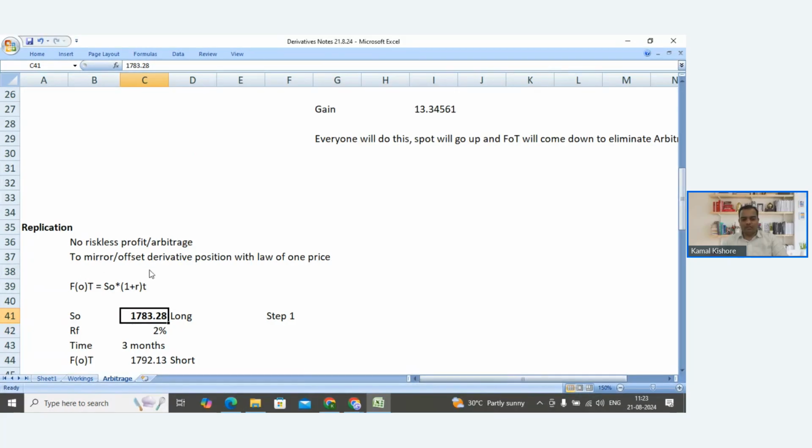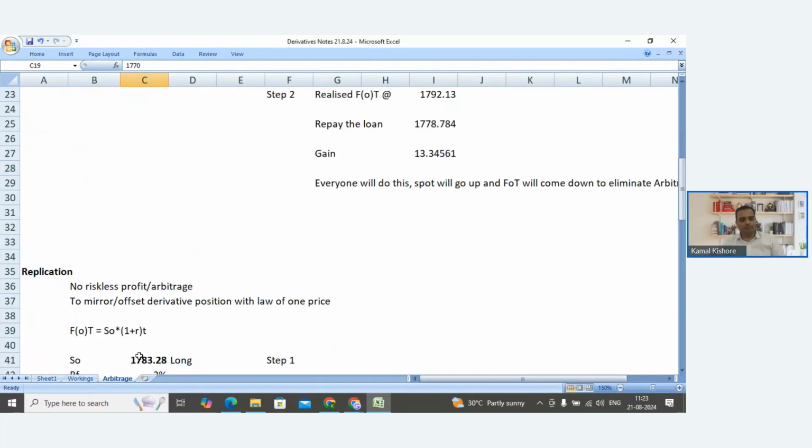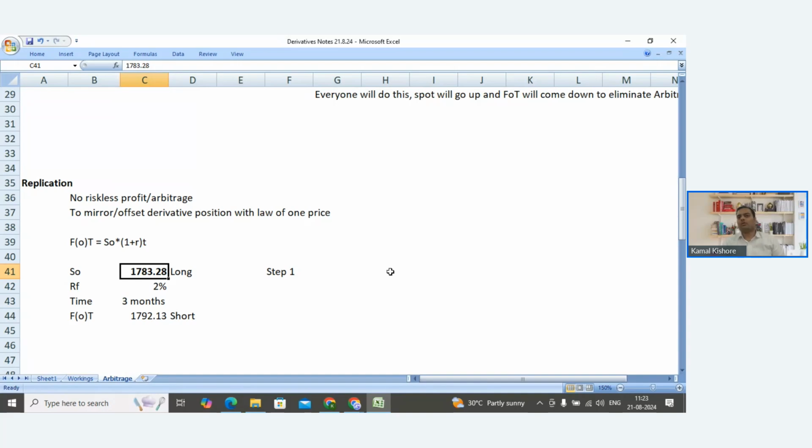That is why, as a next step, 1770 has now become 1783.28. The spot price has gone up in a way that it will not give that arbitrage gain or loss. So what is my step one?